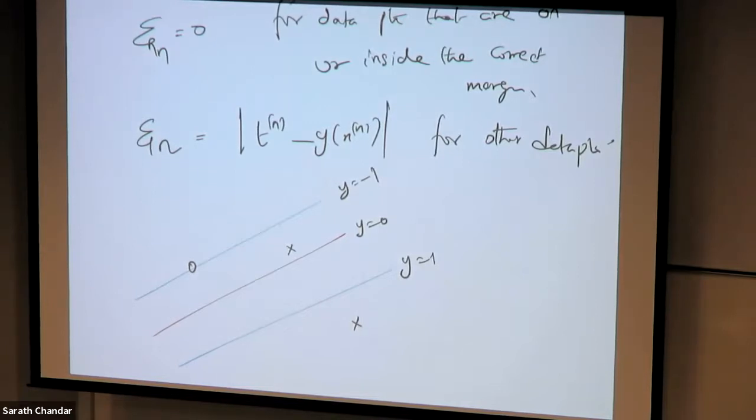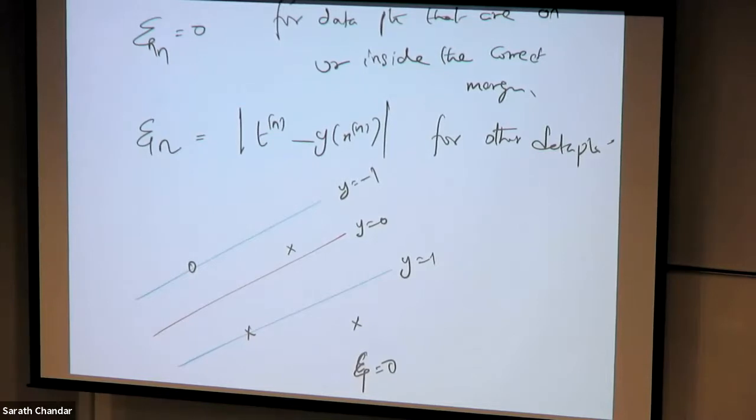Now we're going to talk about some sample examples. For example, let's consider any data point that is in this region. It's going to be epsilon equal to 0. Anything which is within the boundary, epsilon is equal to 0. Now let's say there is a point here.